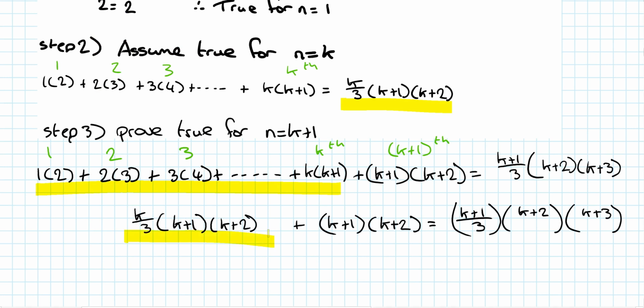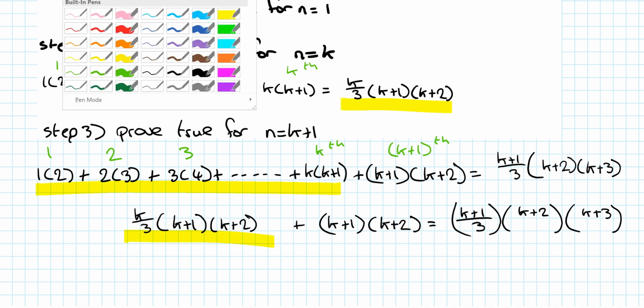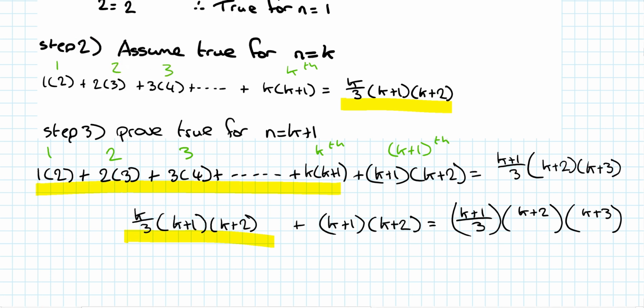Well, for me, it's generally fractions that I don't like. So I want to show that the left-hand side is equal to the right-hand side. How am I getting rid of this fraction here and this fraction here? Well, I can multiply everything by 3. In doing that, I'm getting rid of the fraction. So I'm just k plus 1, k plus 2, plus I need to multiply this by 3. Multiply all of this by 3, I'll just get rid of the fraction.